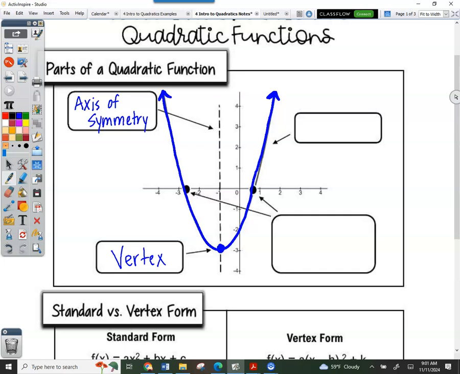So the vertex can either be the bottom or the top. Let's go even further. It could be the lowest or the highest. It's always one or the other. I'll say it again. It's always the lowest or the highest. The words we're going to use are max or min.